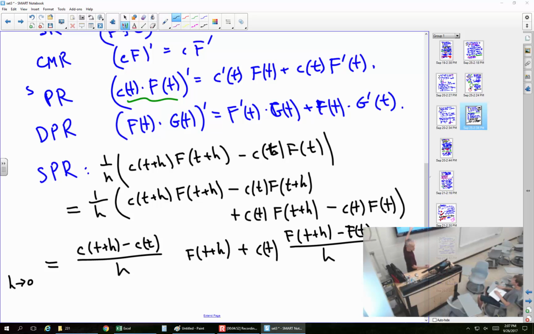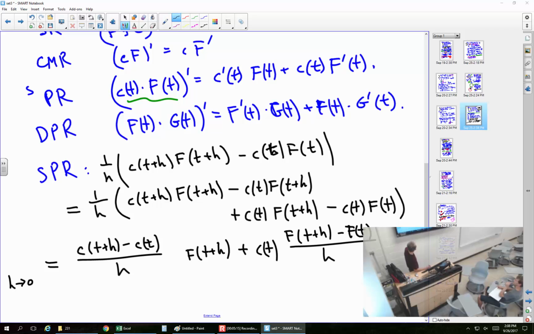Where does this go? No, limit. I don't substitute, I take the limit. Naturally, if I substitute every single time, you're going to have 0 over 0, an indeterminate expression. But under the limit, what do I get? Going to infinity?